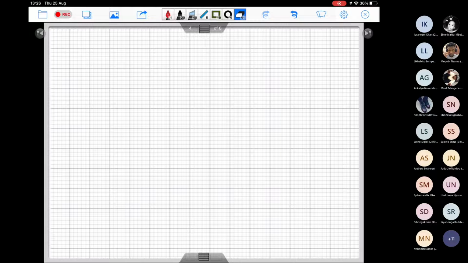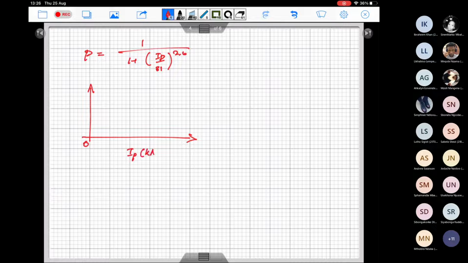Right, the first one, P is equal to 1 over 1 plus (IP over 31). I've drawn a plot there of the probability of a lightning strike occurring over a certain amount.